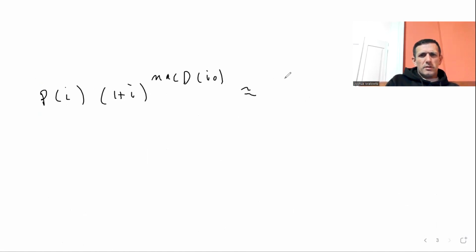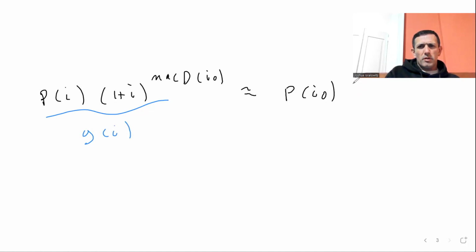Okay. This is G of I, approximately, plug in I0 for I. And this is G of I0.